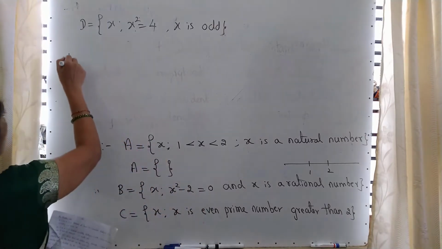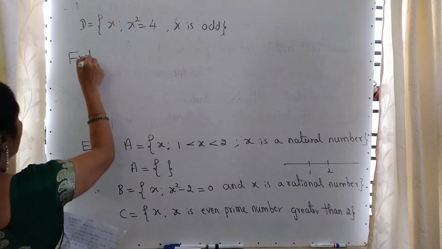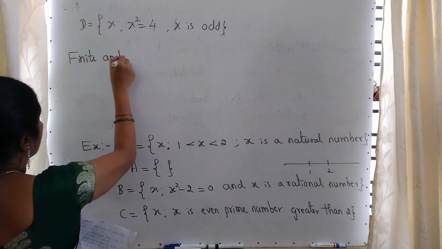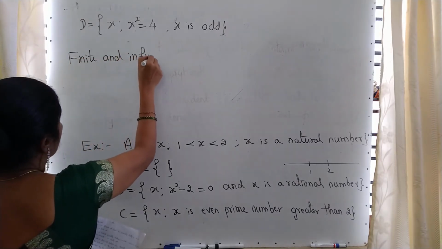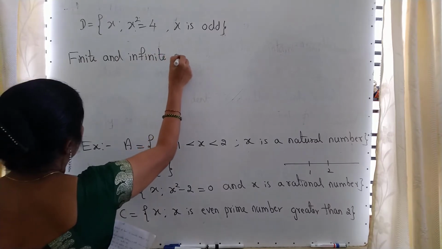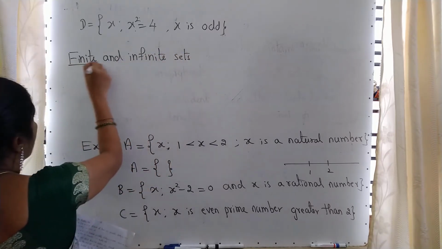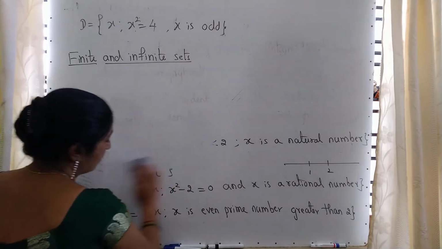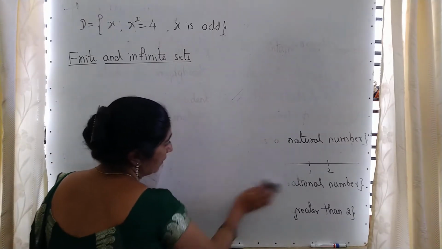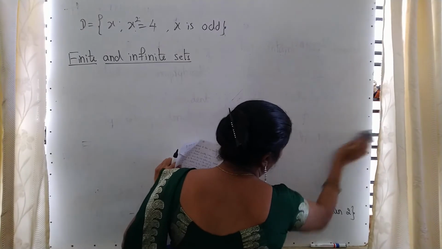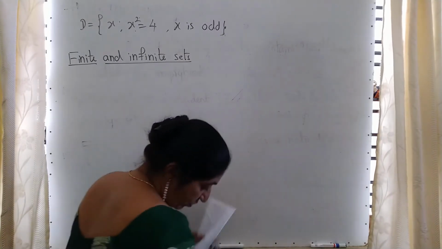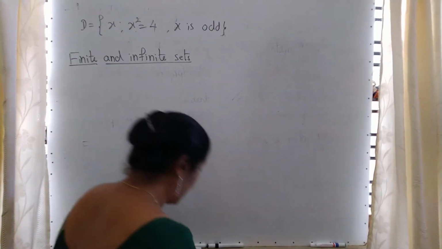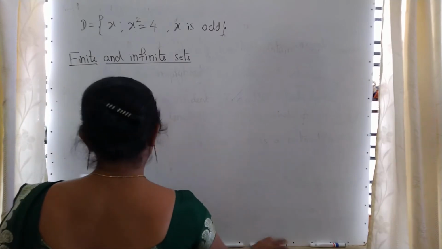Now moving to the next concept, that is finite and infinite sets. The name itself tells you what is finite and what is infinite. Before going to the definition, first I want to give you the examples.